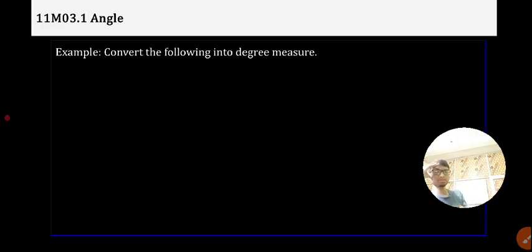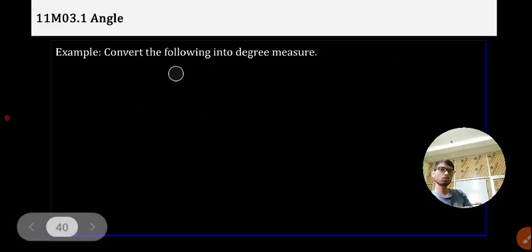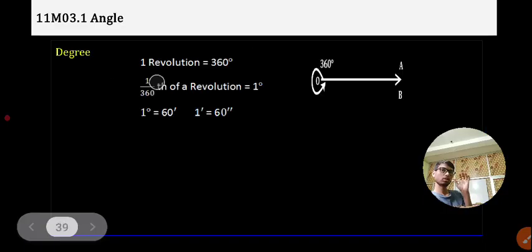Example: convert the following into degree measures. So we have this: 50, 45, 1 radian.